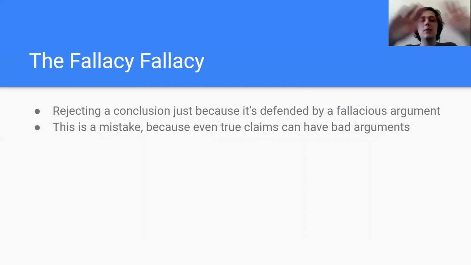Make that the premise and make it the conclusion. Boom. Question-begging fallacy, circular argument fallacy for a true claim. The conclusion's true, but the argument's fallacious. Very easy recipe right there.